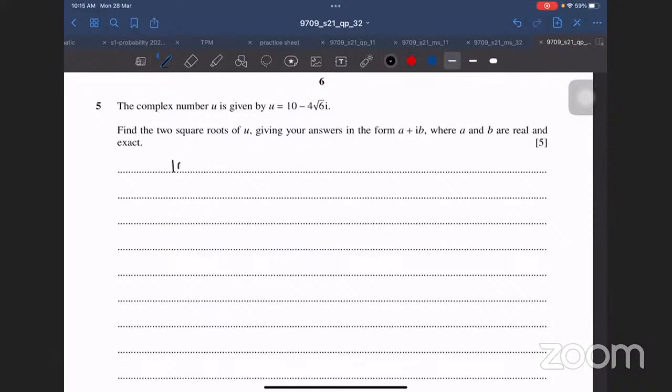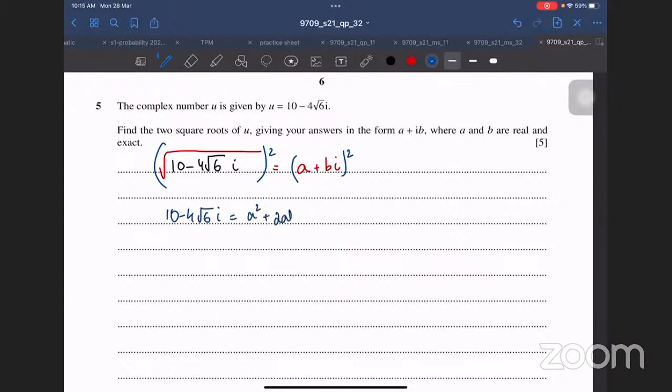Okay. So 10 minus 4 root 6i equals a plus bi, square both sides, and I get 10 minus 4 root 6i equals a squared plus 2abi plus b squared i squared.